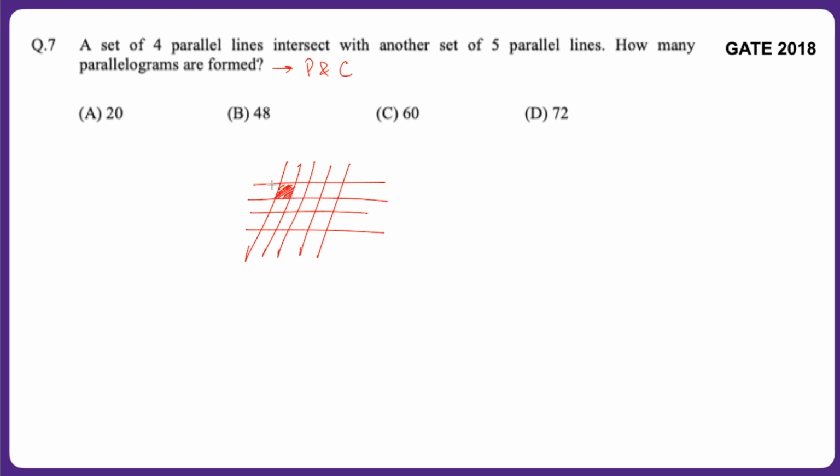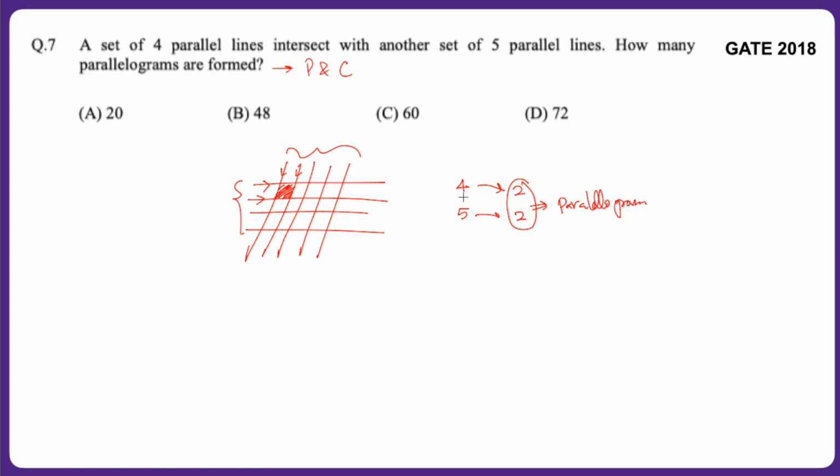For this parallelogram, 2 lines are coming from the set of these 4 lines, and 2 lines are coming from the set of these 5 lines, right? So the set of 4 lines is contributing 2 lines of the parallelogram, and the set of 5 lines is contributing another 2 lines, and those 2 plus 2 lines or 4 sides make a parallelogram, right? Parallelogram.